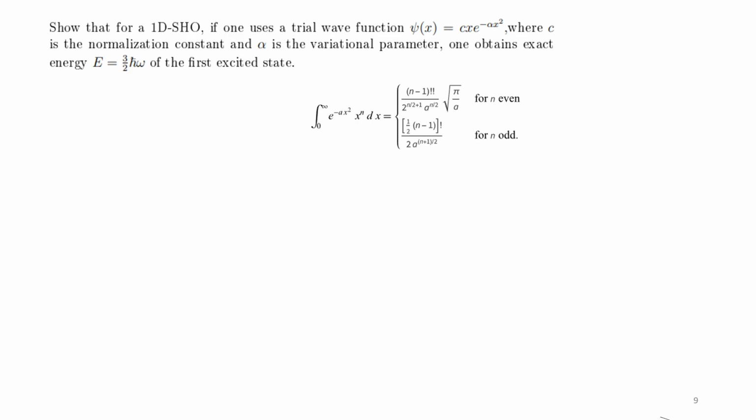The question states that for a one-dimensional simple harmonic oscillator, if one uses the trial wave function psi of x is equal to Cx e to the power minus alpha x square, where C is the normalization constant and alpha is the variational parameter, then one obtains the exact energy E is equal to 3 by 2 h cut omega for the first excited state. So we are going to do the exact same thing like the previous one.